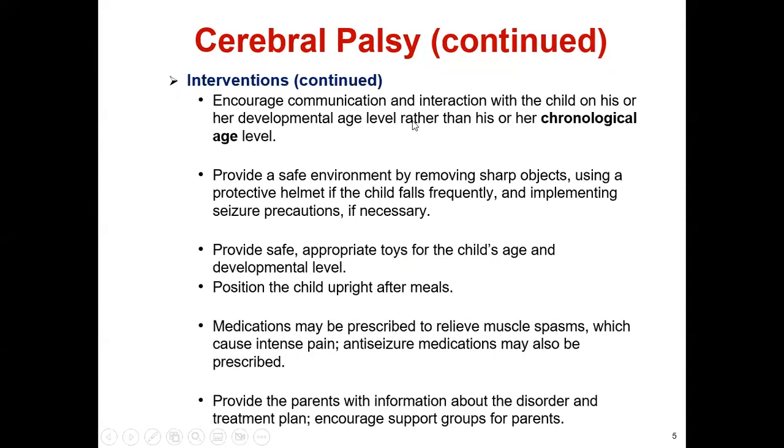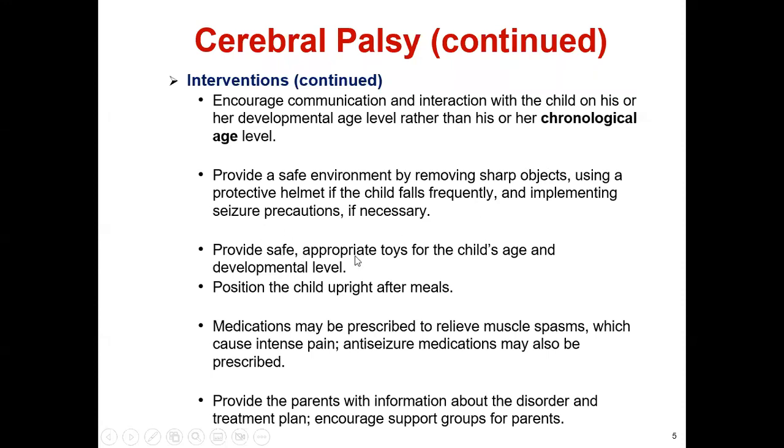Encourage communication and interaction with the child at his or her developmental age level rather than his or her chronological age level. Provide a safe environment by removing sharp objects, using a protective helmet if the child falls frequently, or implementing seizure precautions.